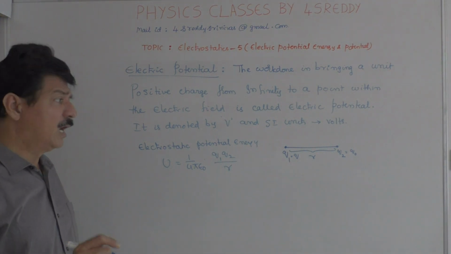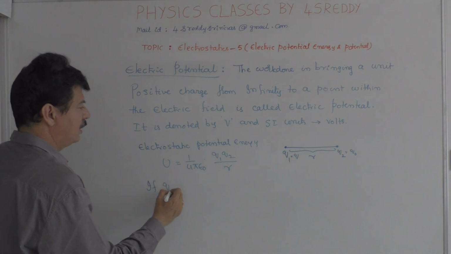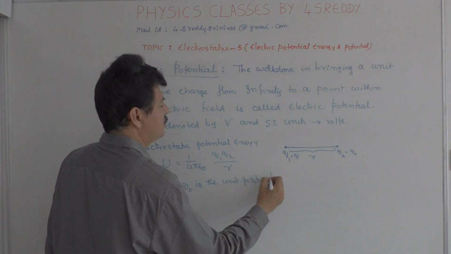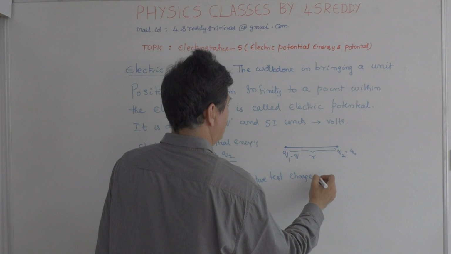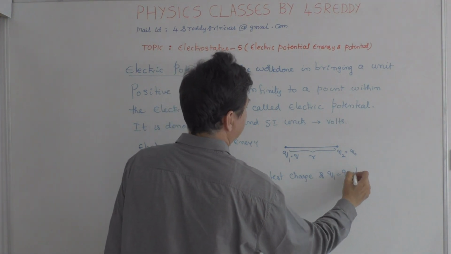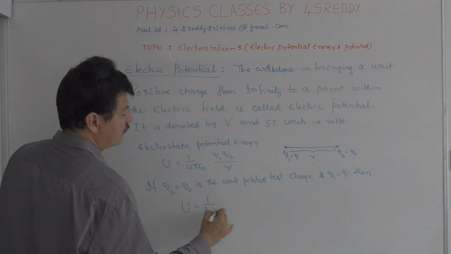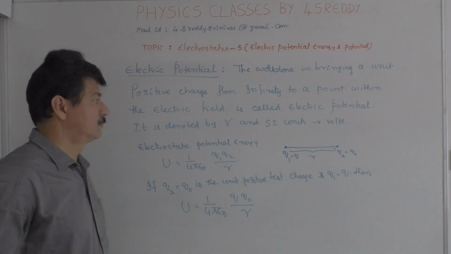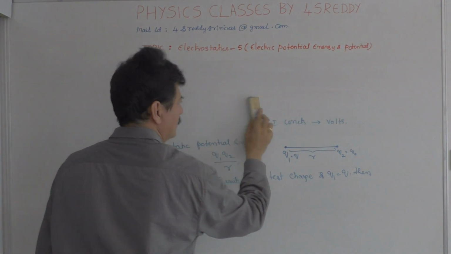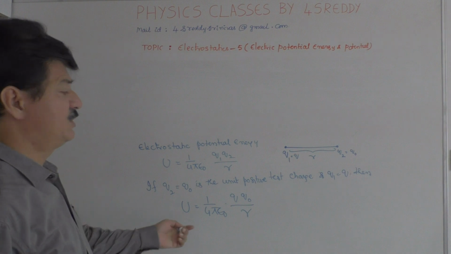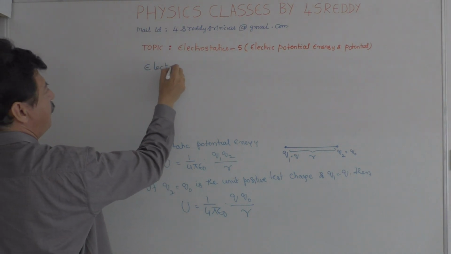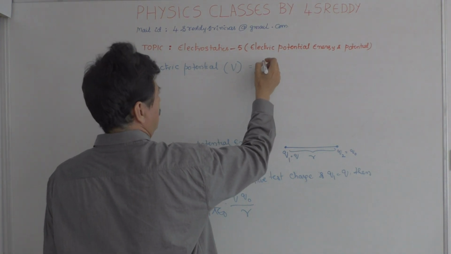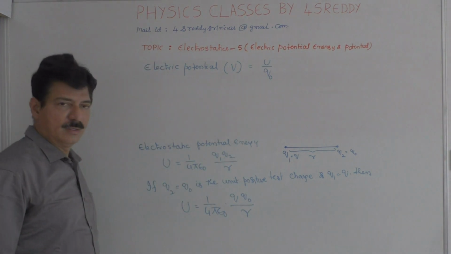This we already derived. Now, if Q2 is equal to Q naught, the unit positive test charge, and Q1 is equal to Q, then U can be written as 1 by 4 pi epsilon naught Q into Q naught by R. Therefore, electric potential by definition is V is equal to U by Q naught, for a unit positive test charge.